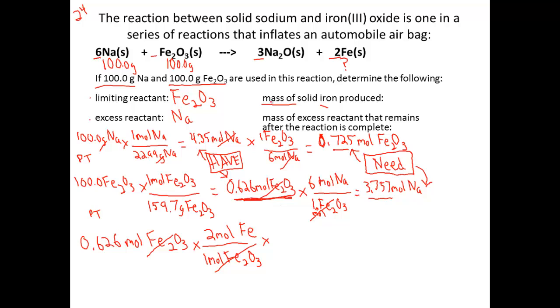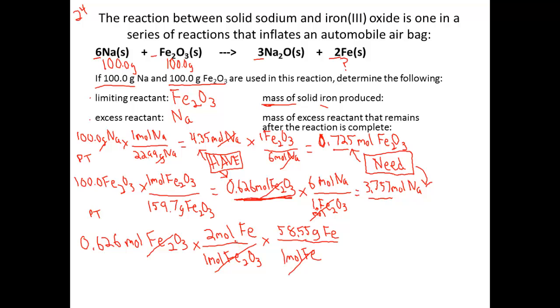and since we want to get mass, not moles, we need to go ahead and convert 1 mole of iron into mass. Periodic table, 55.85 grams of iron equals that 1 mole.